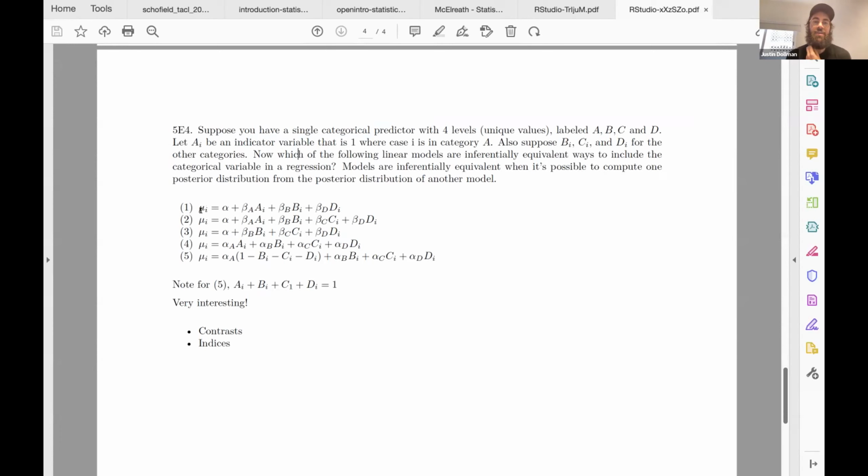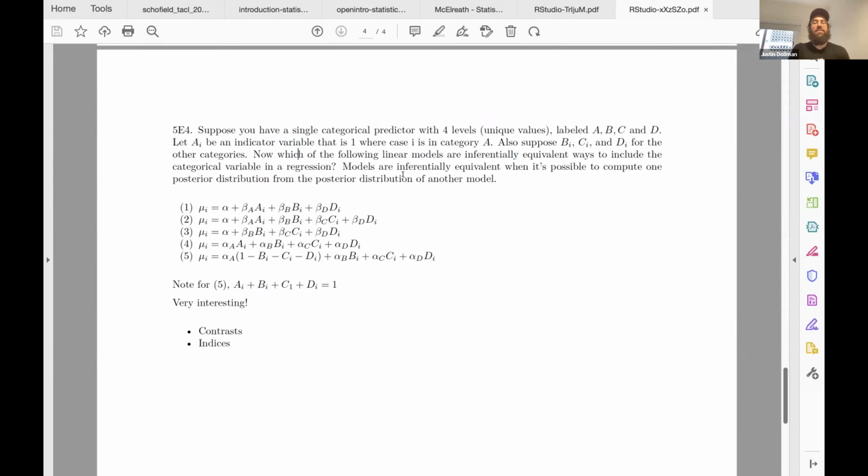He writes out 5 models, and the question is, which of the following linear models are inferentially equivalent ways to include the categorical variable in a regression? He defines inferential equivalence as being possible to compute one posterior distribution from the posterior of another model.